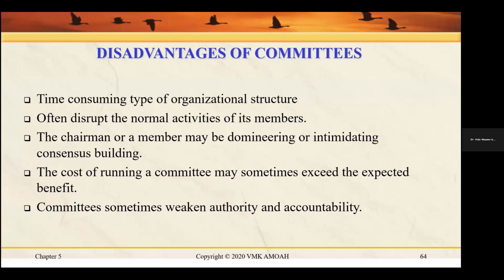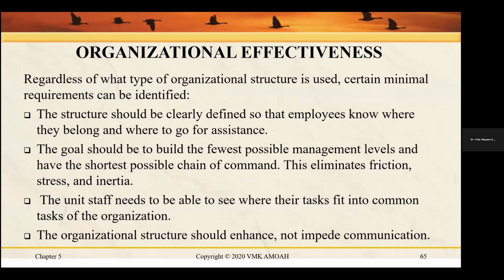And if you want to be organizationally effective, regardless of what type of organizational structure is used, certain minimal requirements can be identified. The structure should be clearly defined so that employees know where they belong and where they should go for assistance. The goal should be to build the fewest possible management levels and have the shortest possible chain of command.